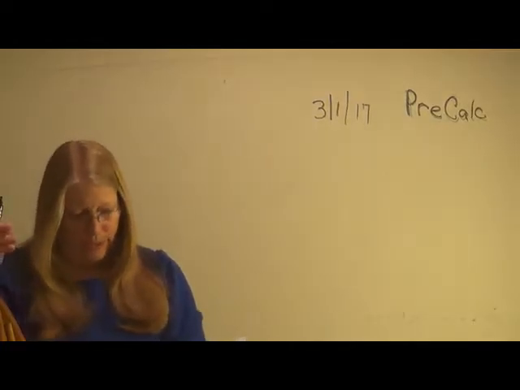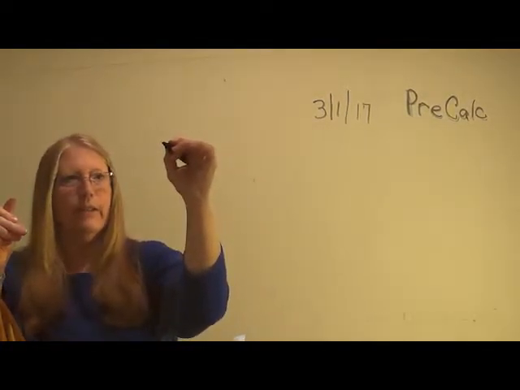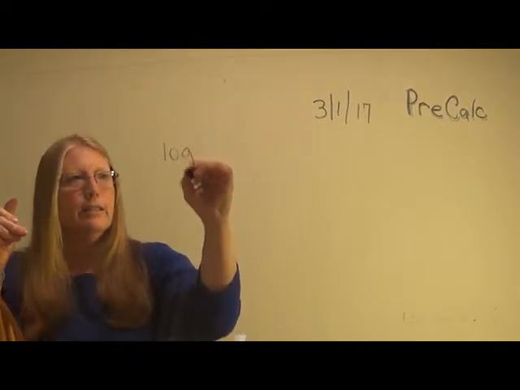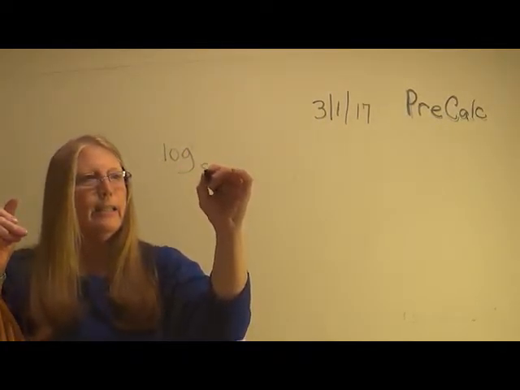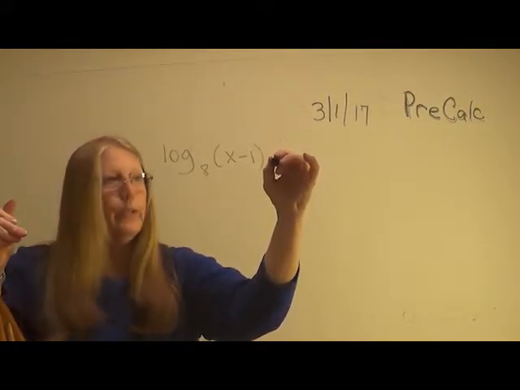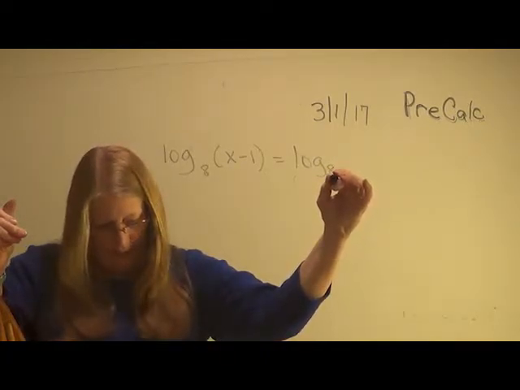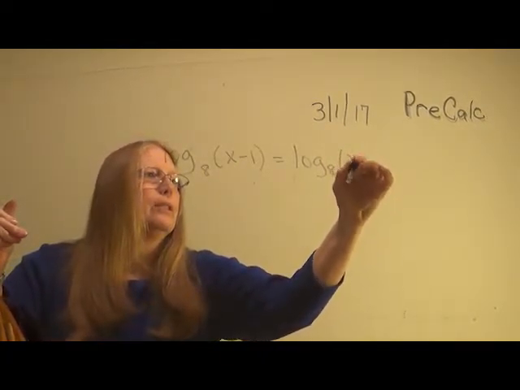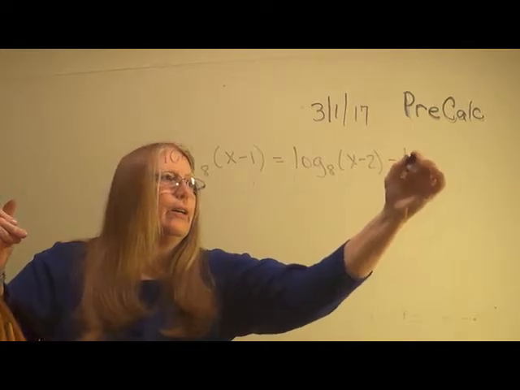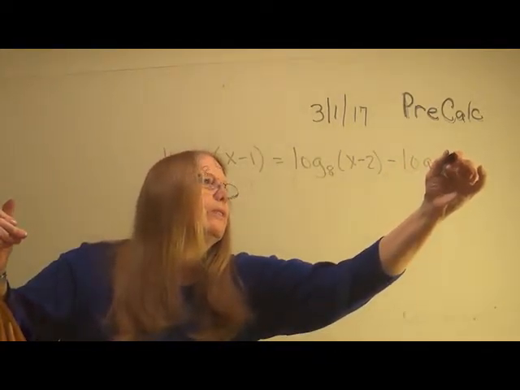And now for this one. Start over here. Log to the base 8 of x minus 1 equals log to the base 8 of x minus 2 minus log to the base 8 of x plus 2.